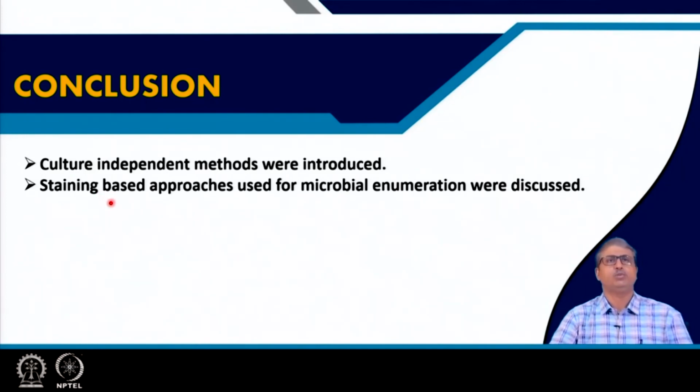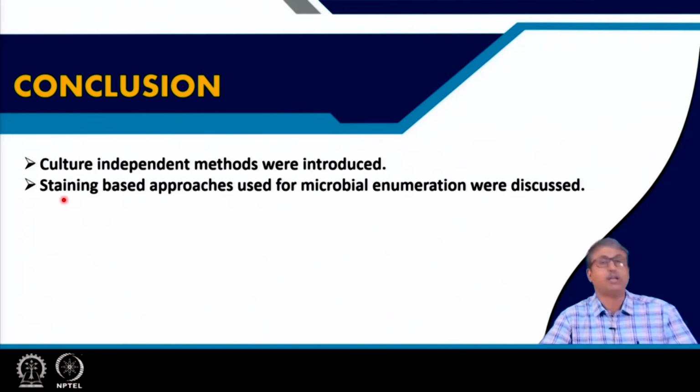In particular, we elaborated on the different staining-based approaches, fluorescent dye-based staining approaches, both the total count method followed by the live-dead detection method, and then the advanced FISH methods, like CARD FISH, which are capable of giving us information about the gene expression level, even when the copies of the mRNAs or the expression levels are very low.